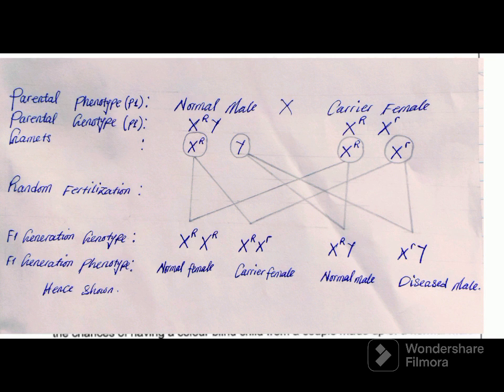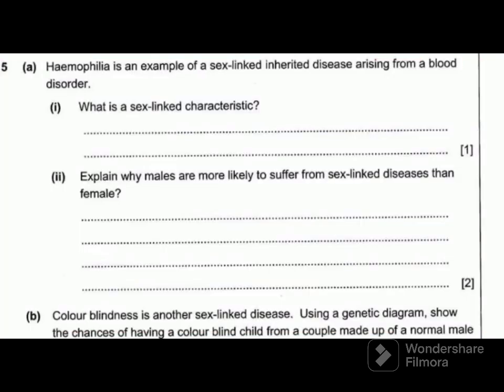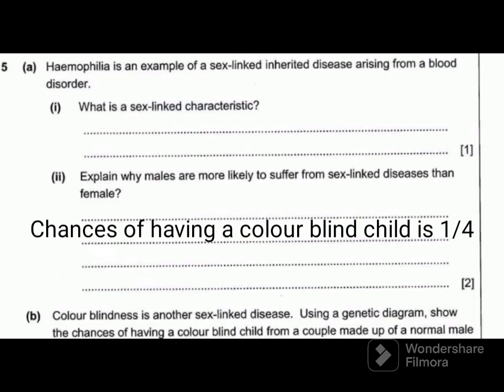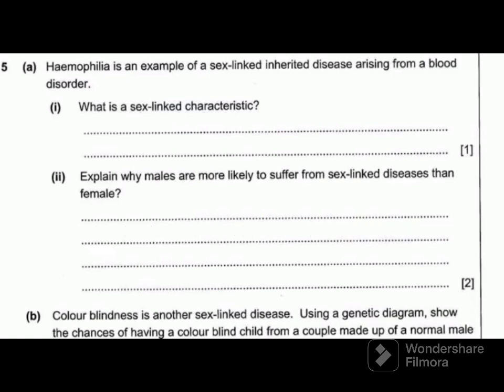So the chances of having a colorblind child is just 1/4. You count the total number of offsprings here, which are 4, so you just write 1/4 to show that only one offspring is colorblind.